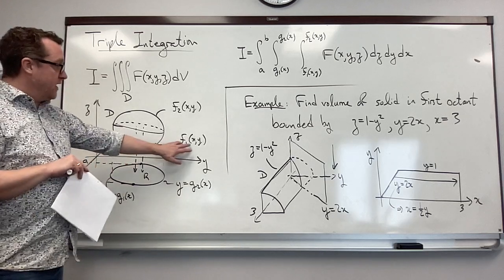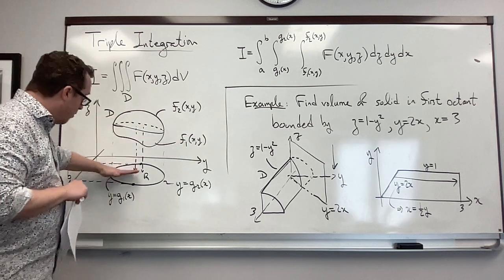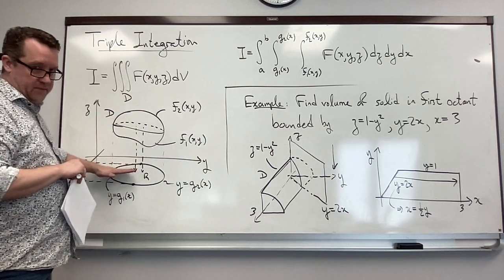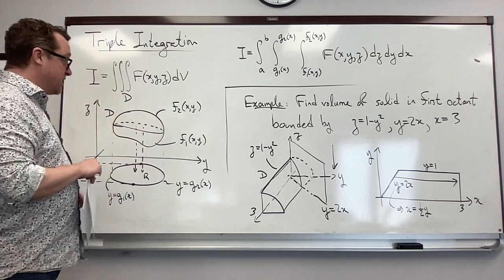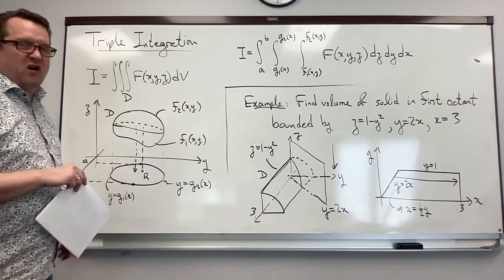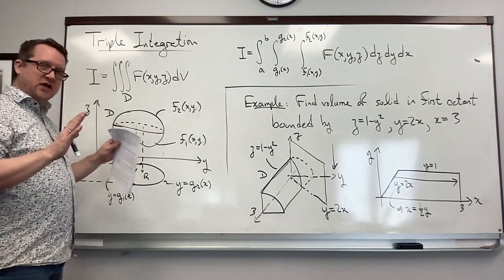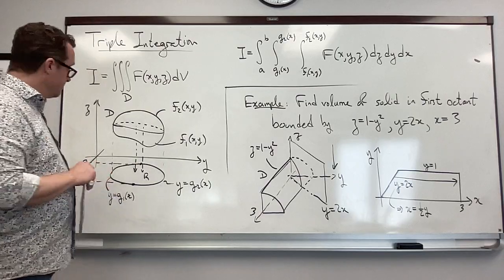Sometimes f1 of x, y is 0, and then we're just looking at the height of this thing over the xy plane entirely, a region from z equals 0 up to f2. But in general, the bottom can be another function, and sometimes it is. Often we talk about things in the first octant, and one of the limits is 0, but that's just a special case.